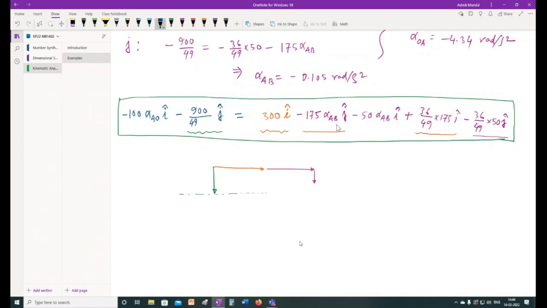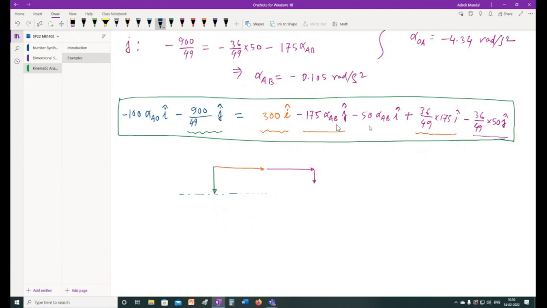Similarly, from the right hand side, you have these 2. From these 2, you can draw how much you should go in the J direction and how much in the K direction.